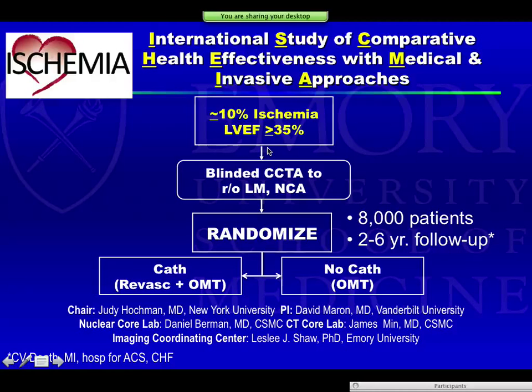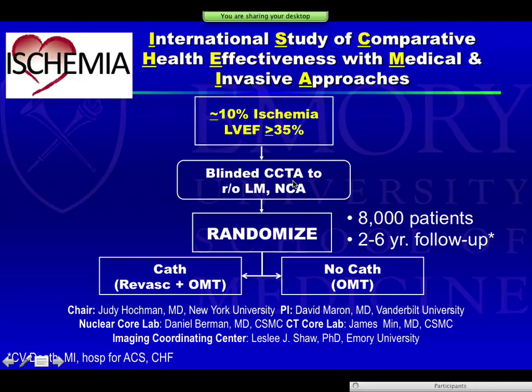But we also want to make sure that we don't have a patient here that has a left main. That would not be a good thing. So we have put into the trial design a blinded coronary CT angiogram.